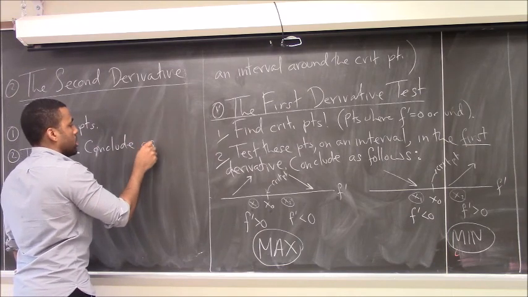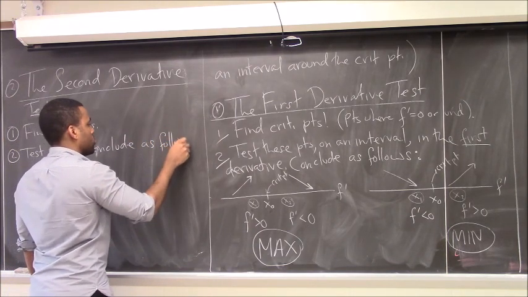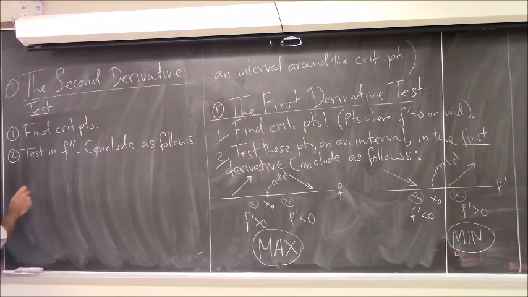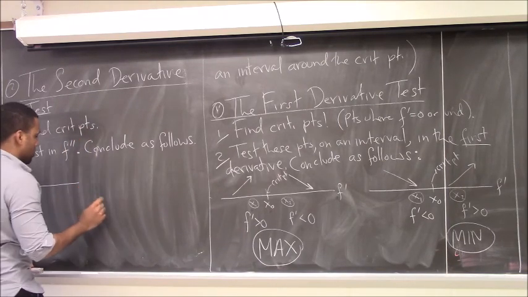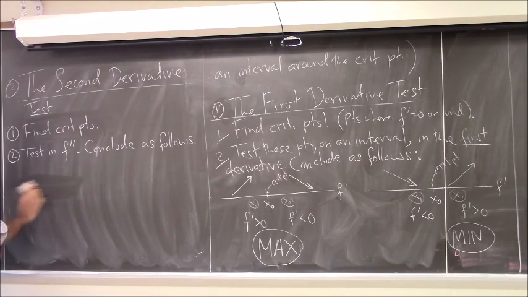Conclude as follows. It's very similar, but we don't even need the interval. The interval we'll test with concavity; I'll talk about that as well. Let's say x naught is a critical point, and we find the second derivative there. So we know it's a critical point from the beginning, and we're going to plug in the second derivative there.